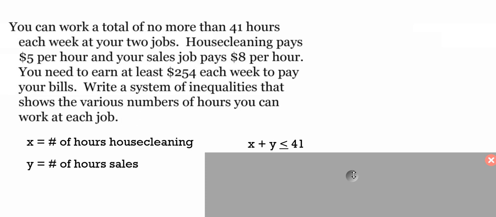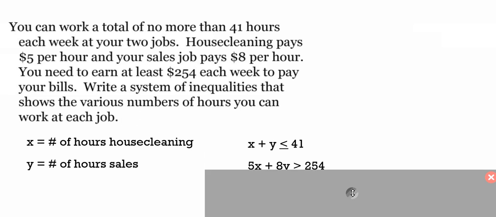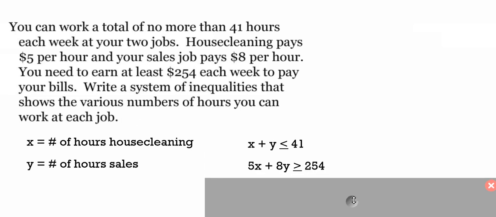On the flip side, we also know that we want to make $254 at a minimum each week, and we're doing that at $5 and $8 an hour for each job. So what we have there is 5x plus 8y is greater than or equal to 254, because we want $254 at a minimum, and we're going to do that at $5 an hour at our house cleaning gig and $8 an hour at sales.